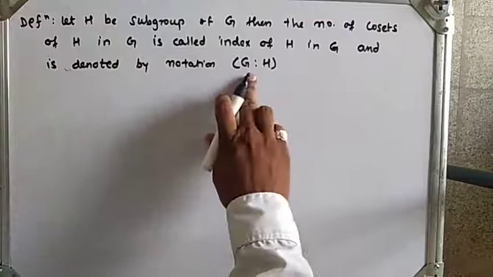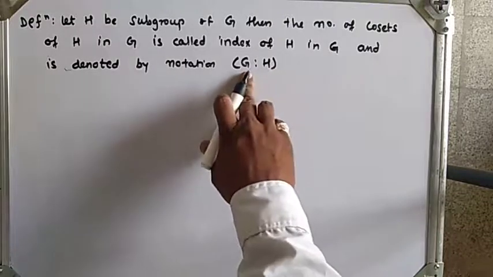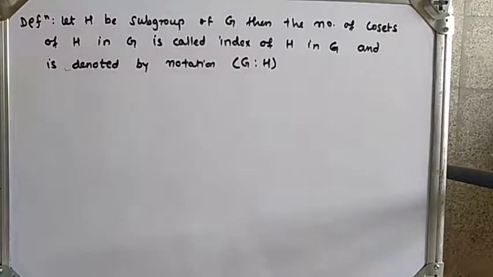So this is the notation for the index of H in G, meaning the number of cosets of H in G.